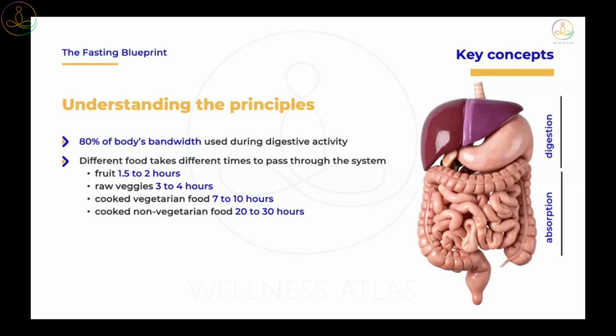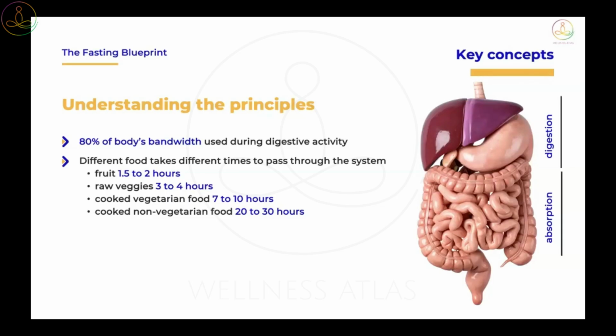If you're eating cooked vegetarian food, about 7 to 10 hours, depending on what kind of food it is, how much grain, how much vegetable. And if you're eating cooked non-vegetarian food, about 20 to 30 hours, again depending on what kind of food you're eating. I'll not talk about raw non-vegetarian because none of us eat that, right?